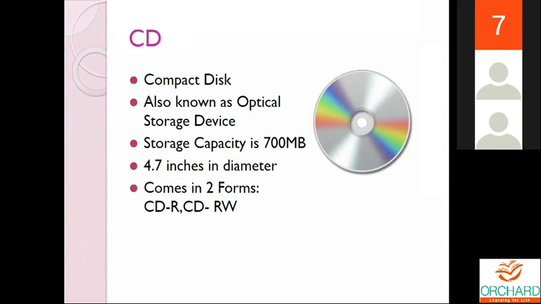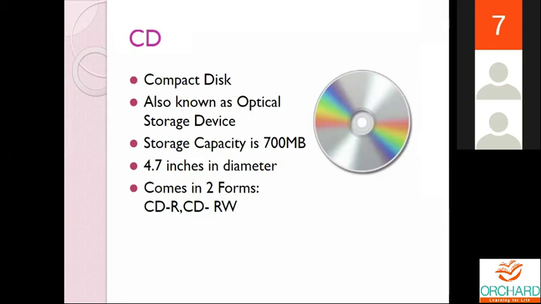See, this CD comes in two forms, CDR and CDRW. CDR, in the sense, CD recordable; RW, in the sense, rewritable. Recordable means the data cannot be erased. It is read only, so we can write only once.